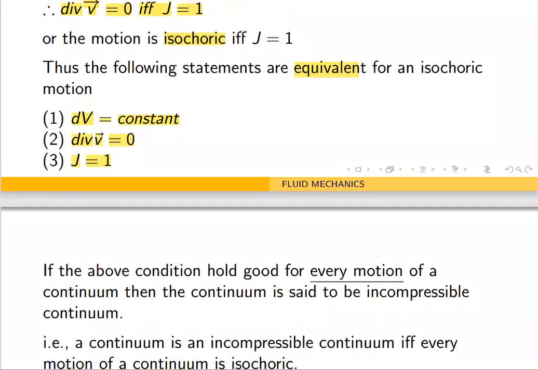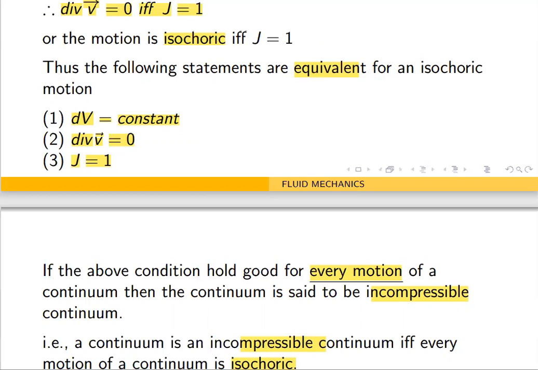It says this: if the above condition holds good for every motion of a continuum, then that continuum will be called an incompressible continuum. In other words, a continuum is an incompressible continuum if and only if every motion of that continuum is isochoric, volume is preserved.